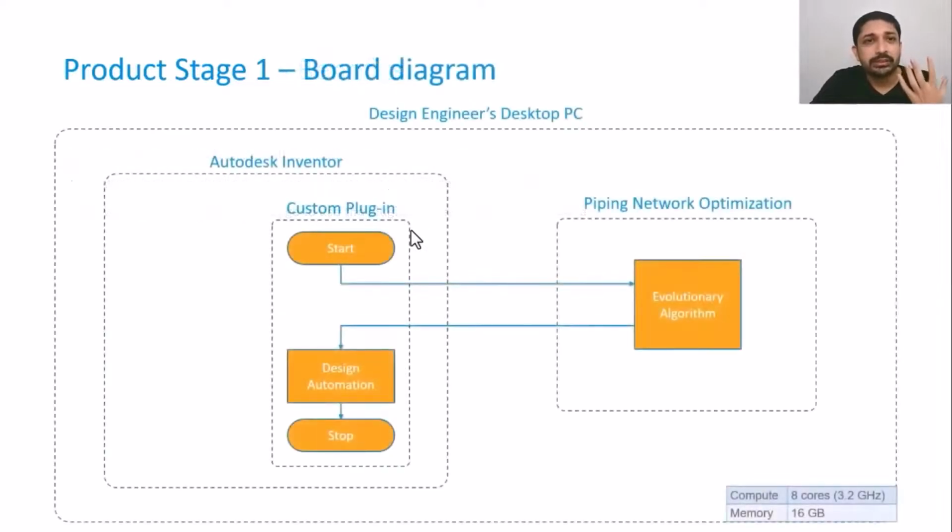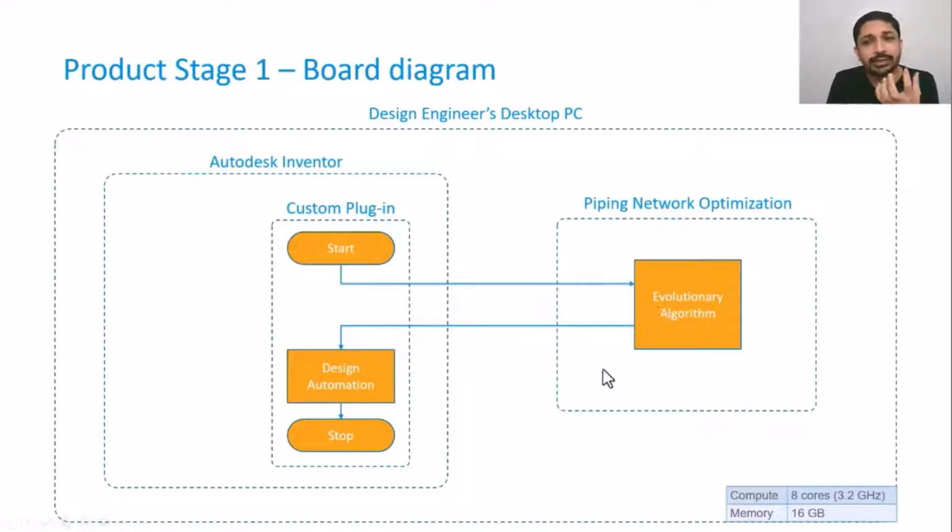Now let's look a little bit at the diagrammatic presentation of this whole workflow. So inside Autodesk Inventor, we will create a custom plugin and we'll develop this plugin, and then this plugin will have its own user interface, and it will be running inside the Inventor application to capture all the inputs from the user. Then the process will internally start a separate application which is a headless application, and that will do all the number crunching, so as to optimize the piping network.